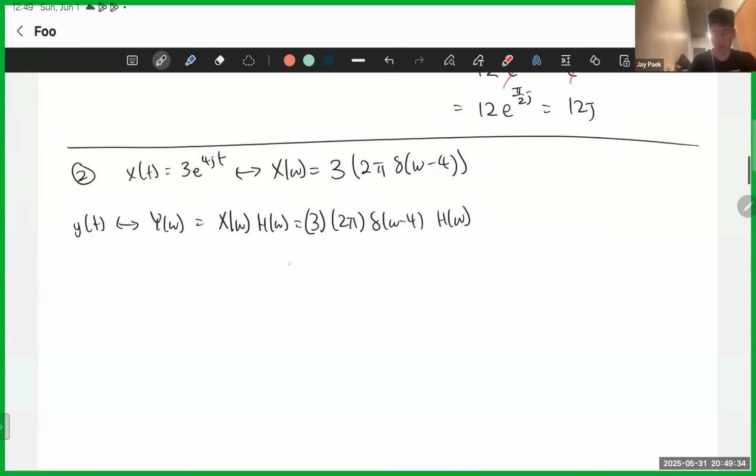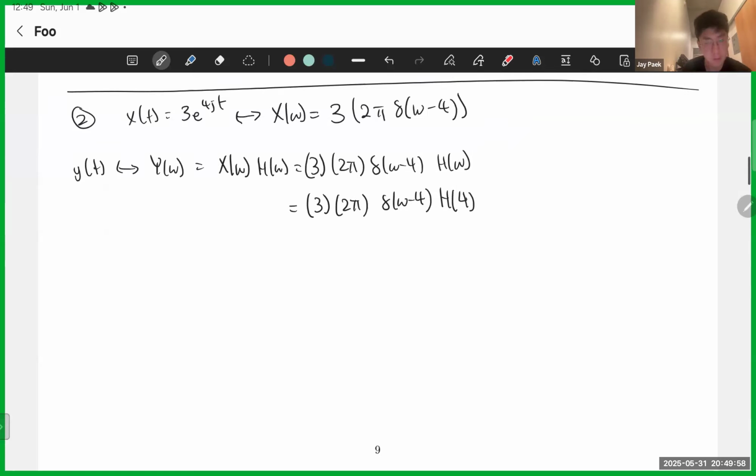Well, what do we know about products with delta functions? The product of a delta function and another function is precisely just another delta function located at the same exact point, but you are multiplying by the value of wherever this delta function was evaluated. And so it's just h of 4.